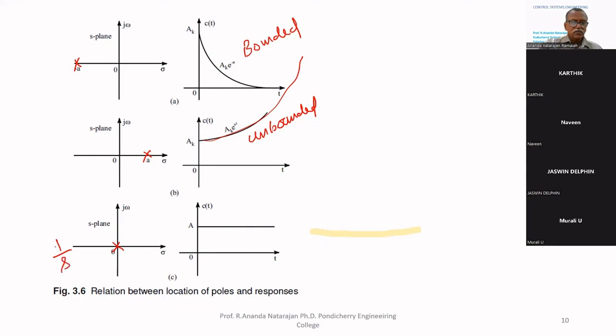The system is 1 by S or A by S, and the impulse response is a step. Here the magnitude is bounded. But if you integrate up to infinity, the energy becomes infinity. If the magnitude is bounded, then we can say the system is stable.